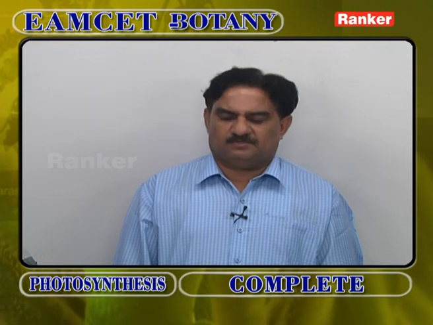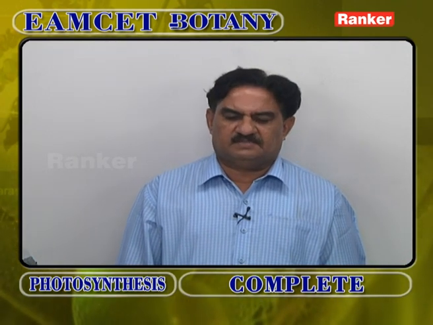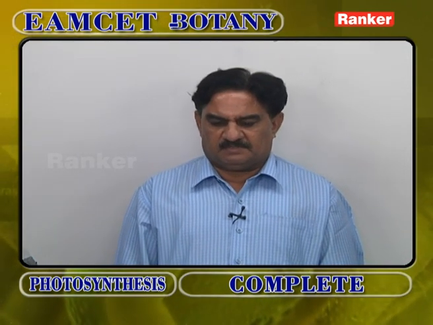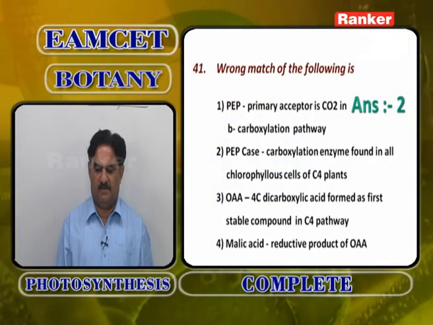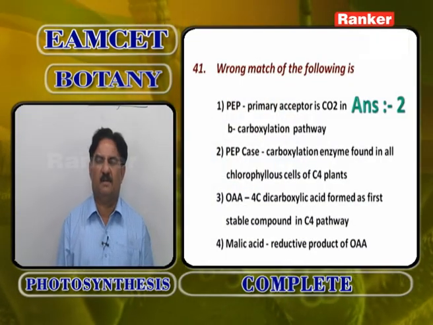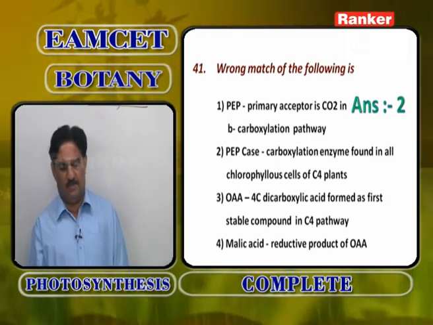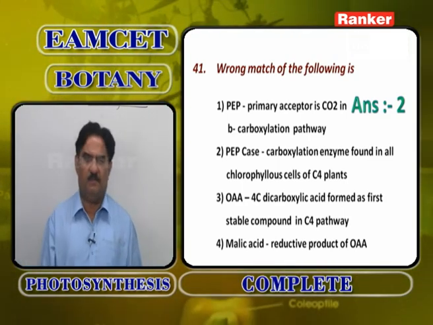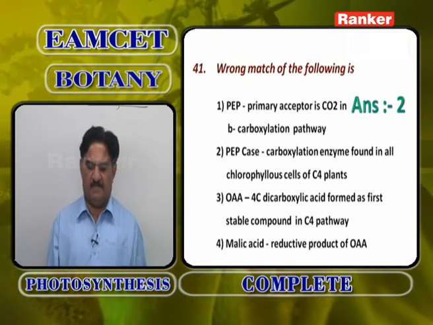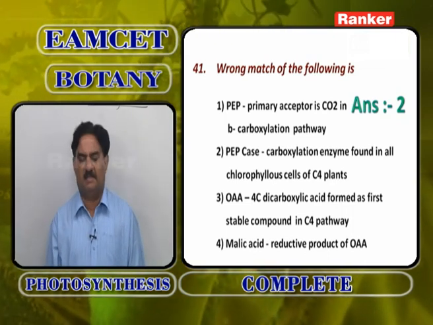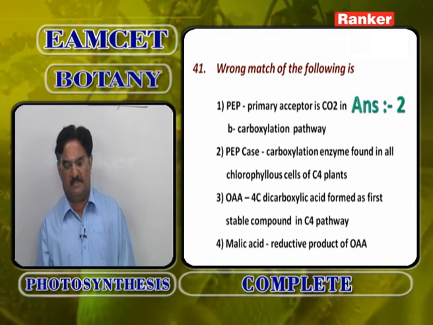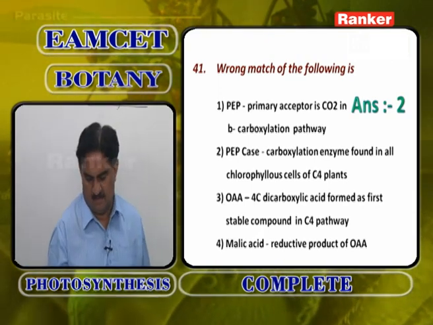Malic acid, reductive product of oxaloacetic acid, is correct. So the wrong match is PEP carboxylase found in all chlorophyllous cells, because it is absent in bundle sheath chloroplasts. It is present only in the mesophyll chloroplast. That is why that match is wrong.